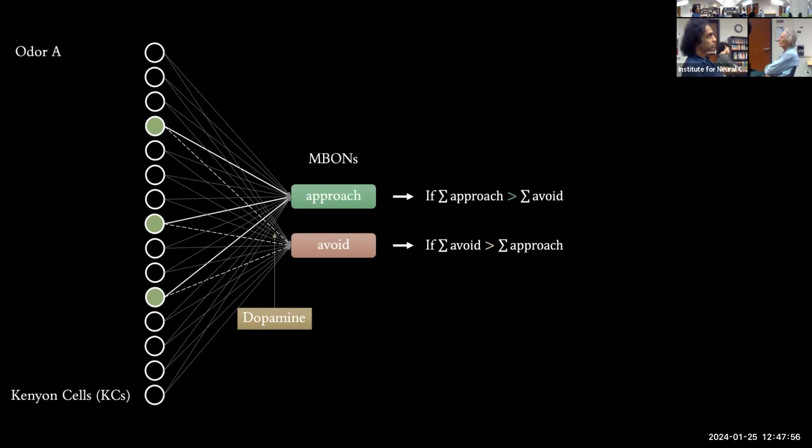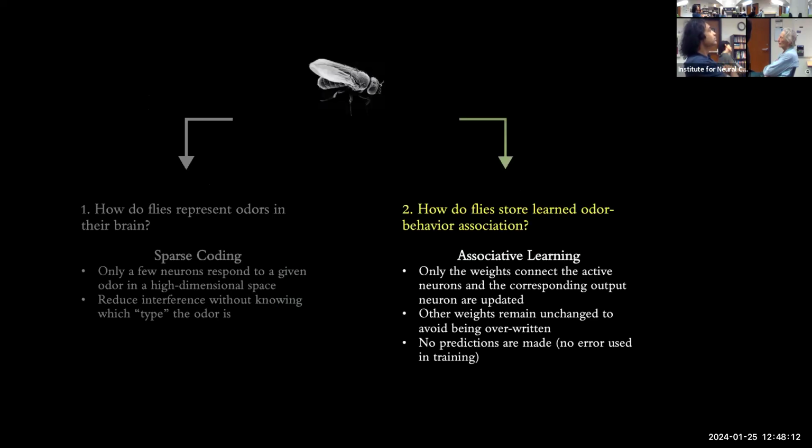And you can see that this type of learning only engages a few connections, a few synapses, just the synapses between the active Kenyon cells, activated by the particular odor, and the corresponding output neuron. This is called associative learning, which is a quite common learning paradigm in the brain.